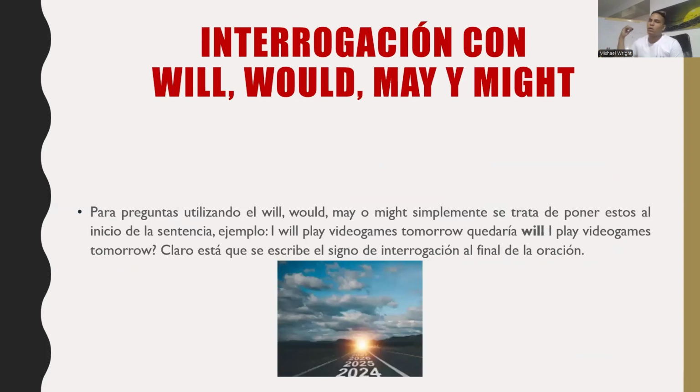So if I say, I will play video games, which is a future sentence, you're going to say, will I play video games tomorrow? Obviously you write the question mark at the end because it indicates that it's a question. Okay, well, let's see it.